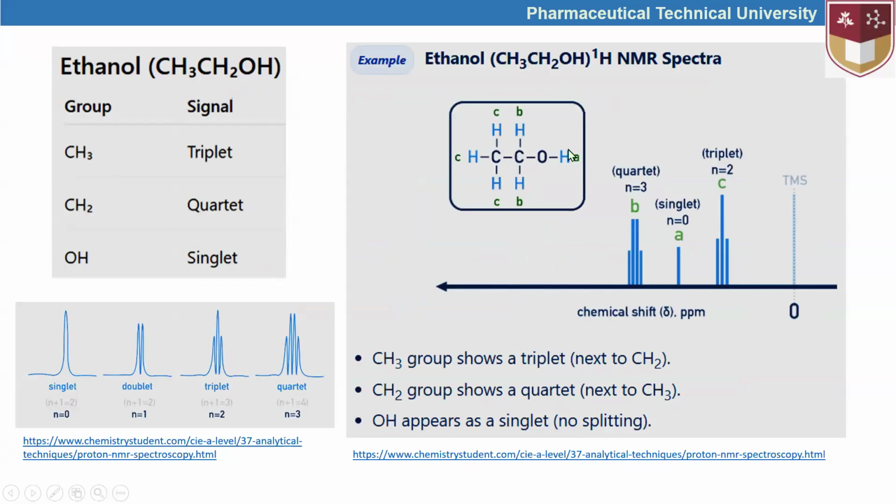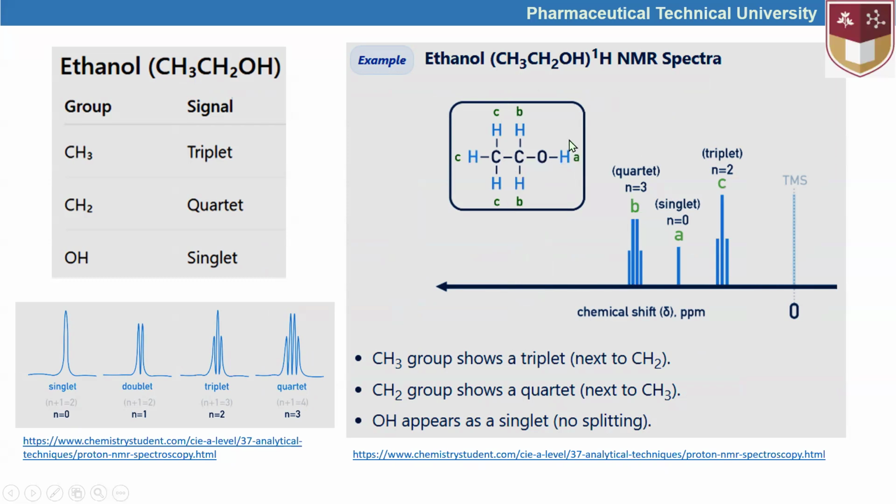If we have such a compound, ethanol, we can divide the hydrogen environment into 3 categories. These 3 hydrogens have the same category, these 2 hydrogens have the same category, and this hydrogen is different from all the other remaining 5 hydrogens.